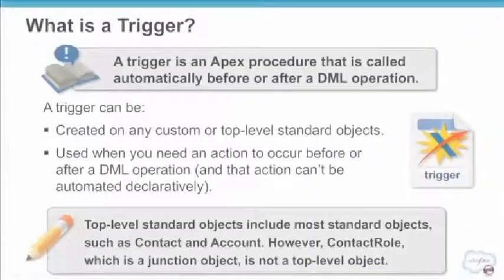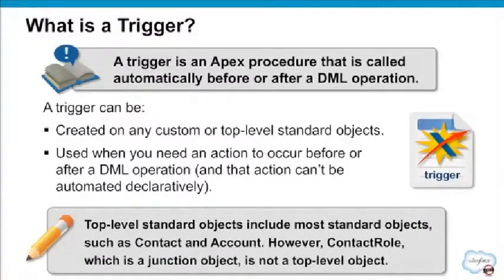So for instance, junction objects or something like our sharing tables, which determine access to records. You can't create triggers on those. So for the most part, it's those behind-the-scenes tables that you can't create them on. But you can on most of the standard objects that you're going to care about. Use them when you need to have some logic execute anytime before or after that record's being written to the database.